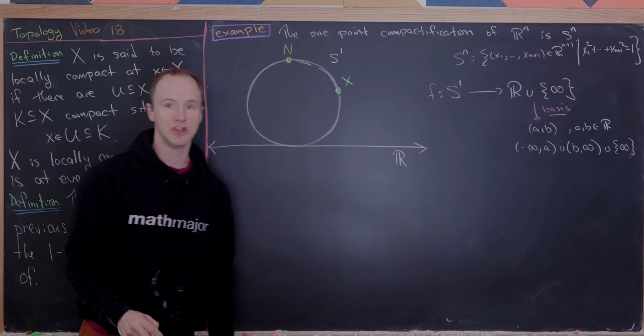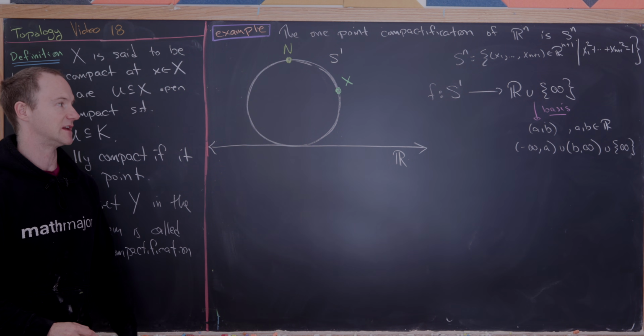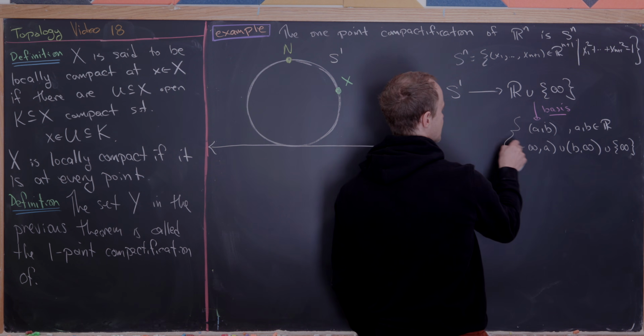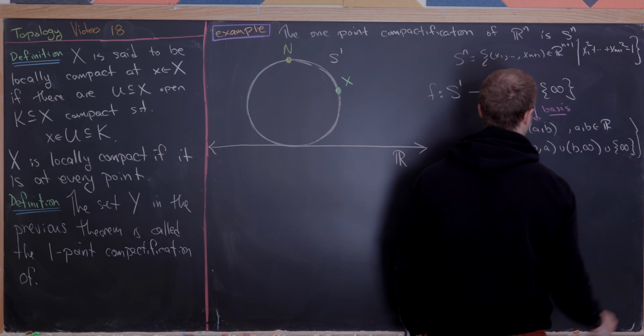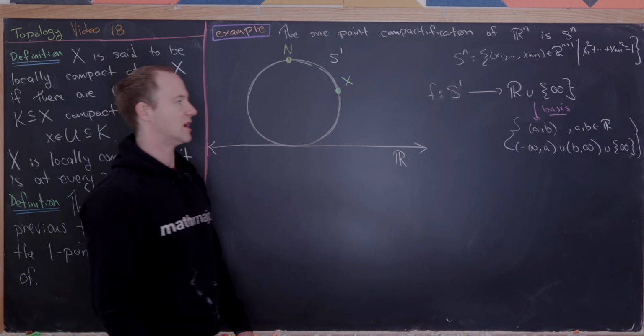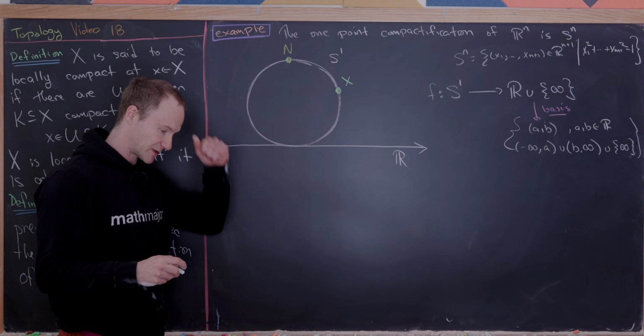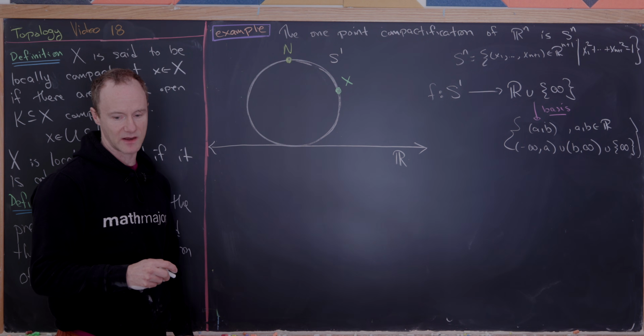So I'll say union that point at infinity. Open sets like this form a basis for that topology on the one-point compactification of the line, and this basis creates the same sort of topology that we had in that theorem.